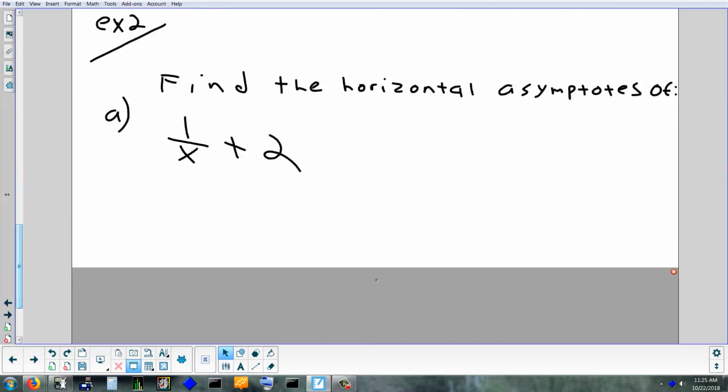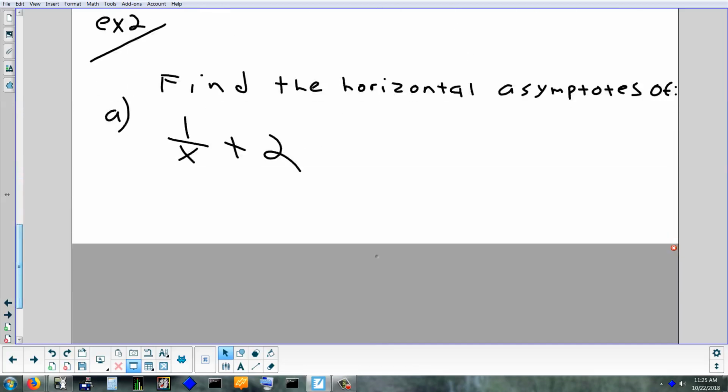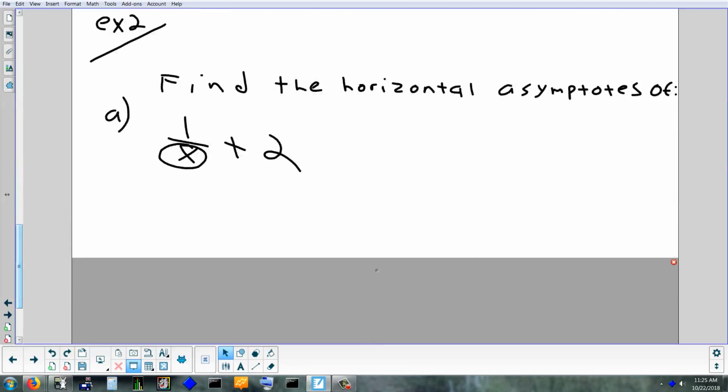All right. So algebraically, the easiest thing to do in your mind if you don't have a sketch is just pretend x is a really big number. Pretend x is 1,000,000. Plug it in and see what you get. So if x was a really huge number, what happens to that fraction, 1 divided by x?